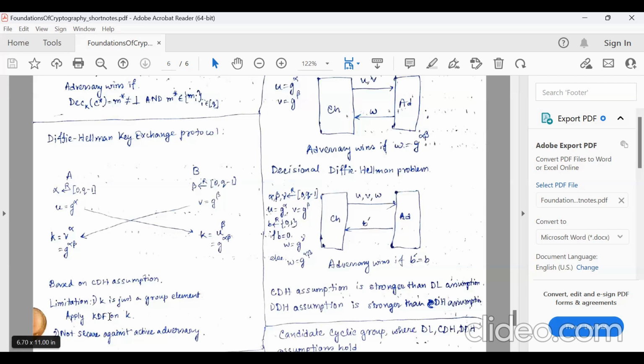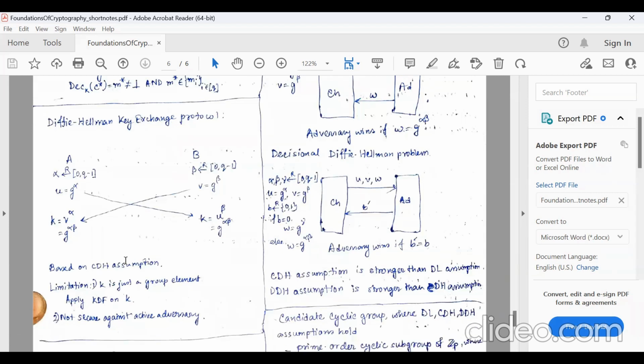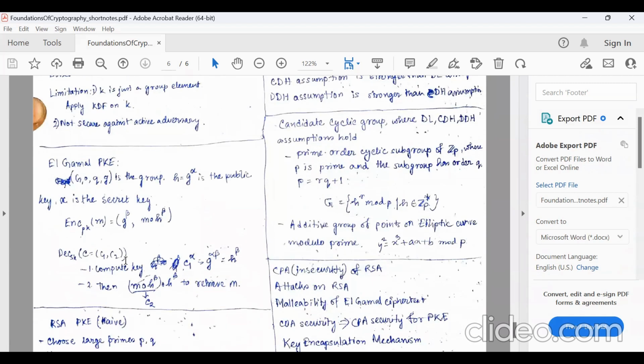We talked about key derivation functions while discussing the applications of hash functions. So that is one limitation of the Diffie-Hellman key exchange protocol. And then, it is not secure against an active adversary. There is a man in the middle attack, so it is not used in real life in its naive form. You have to make necessary changes for that.